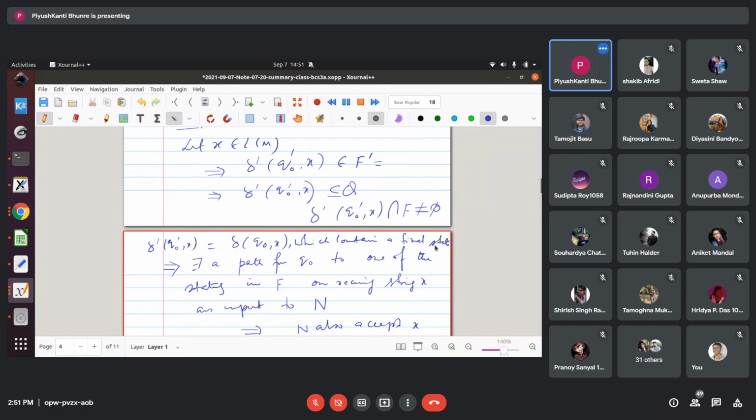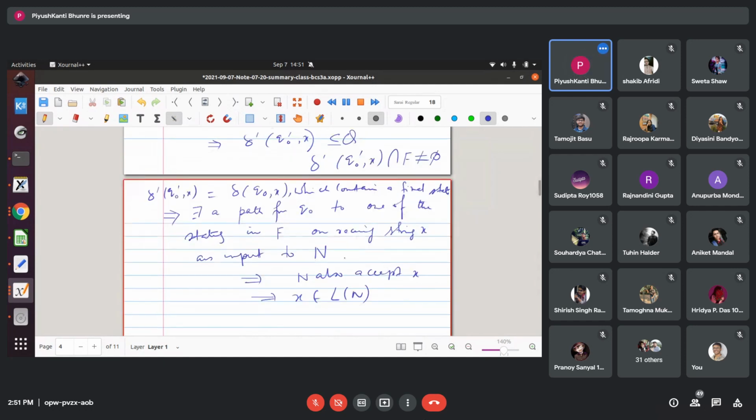So that's why L(N) accepts the string x, because starting from q0 it actually reached one of the final states of the finite machine N. So since x is arbitrary, we can say every element of L(M) is also in L(N).